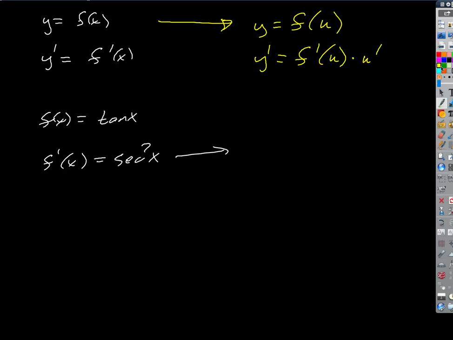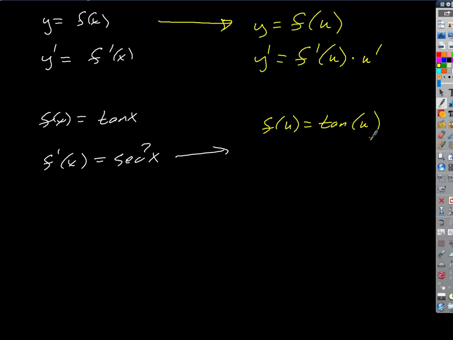So now what do we make that instead? We can be much more general. If f of u equals tangent of u, and what is u meant to represent here? Another function of x, right?